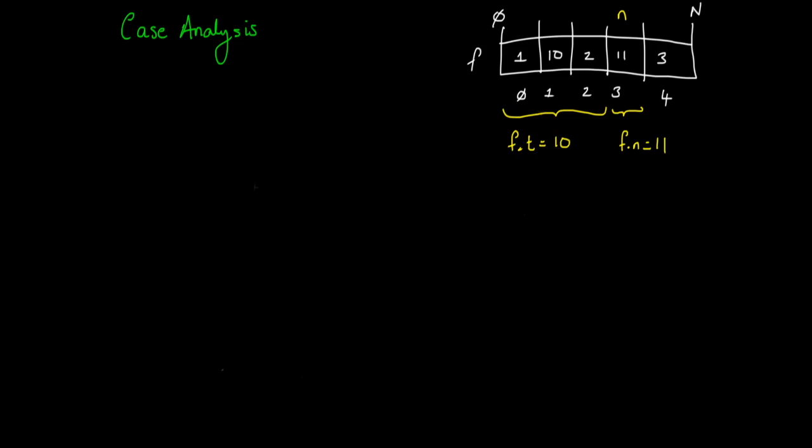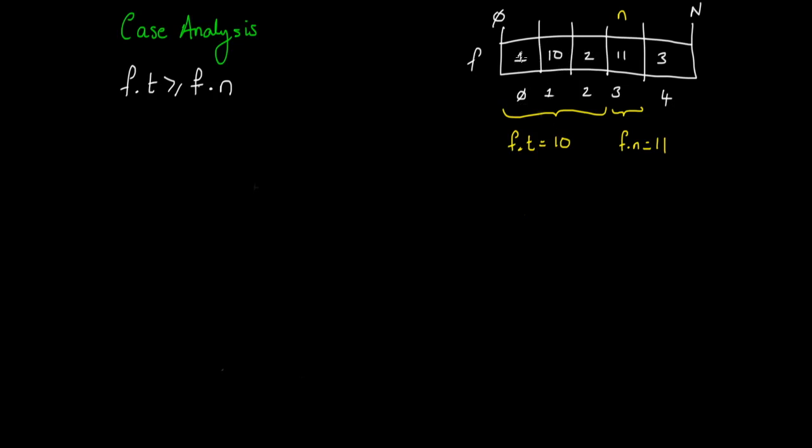So when we look at case analysis, we're interested in f.t greater than or equal to f.n. And if we consider an example array over here, let's say we've processed the first 3 elements already.